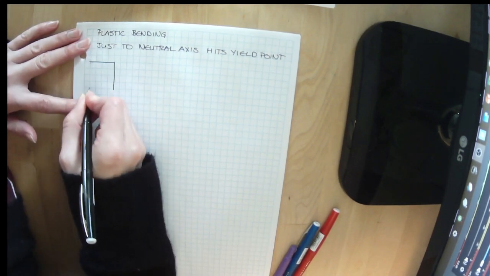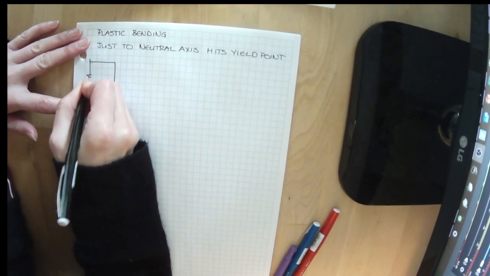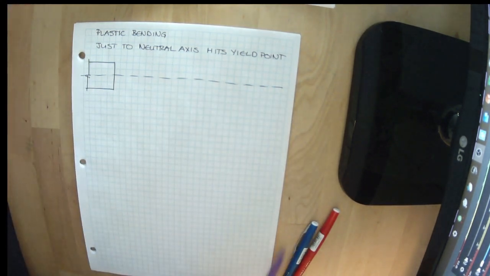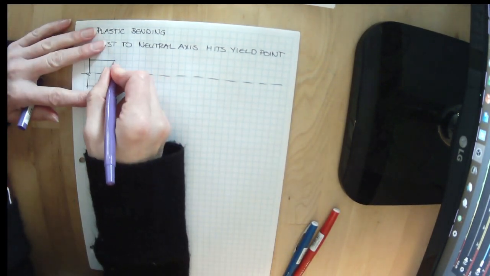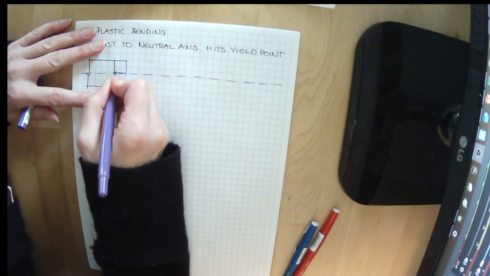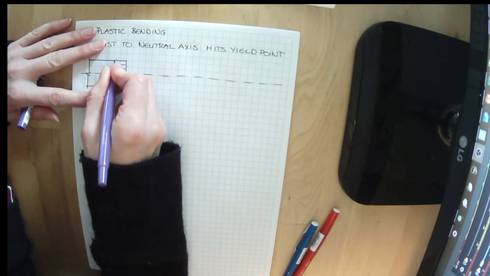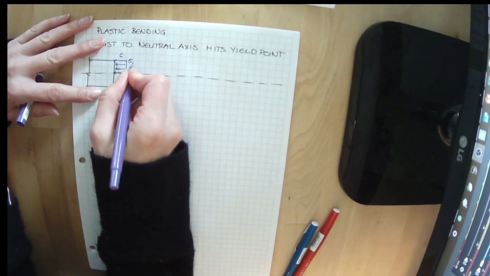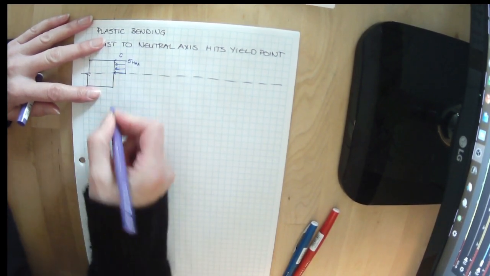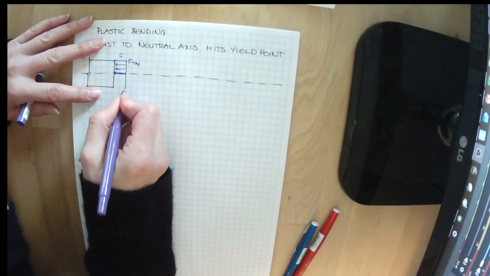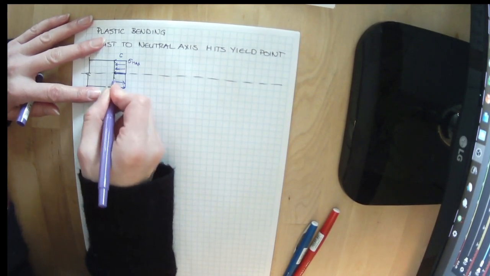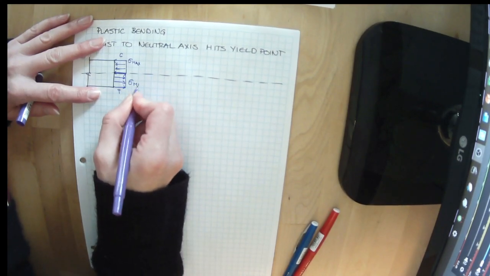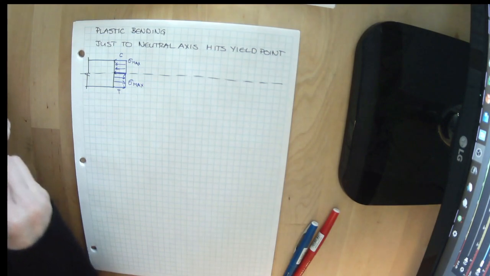So here's our cross section. And now we've got internal stresses where this is compression and this is the maximum stress. And this is tension, and that's our maximum stress.